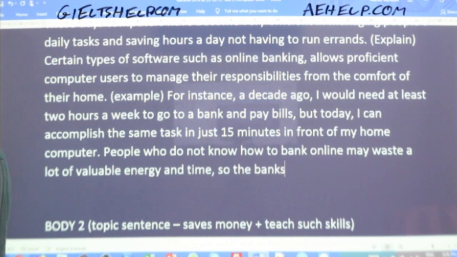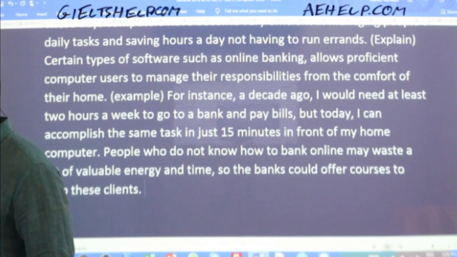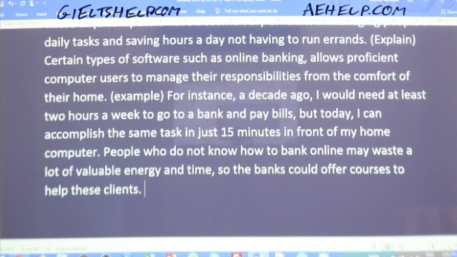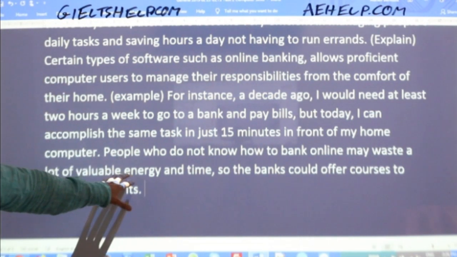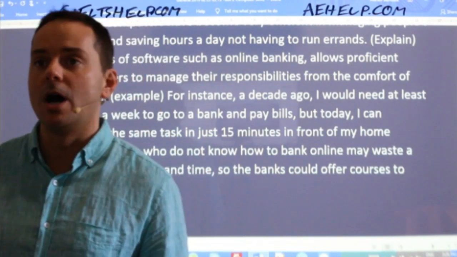So the banks could offer courses to help these clients. Okay, that is relating to that second part of the question. Now I have a complete body paragraph 1.